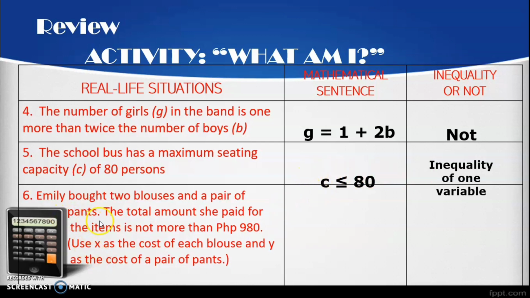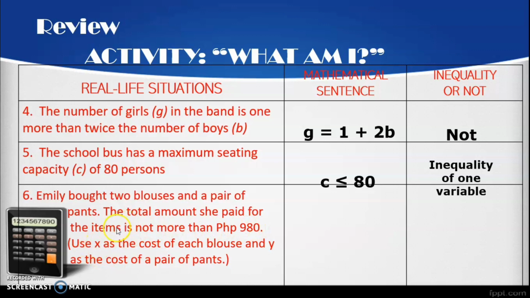Number 6: Emily bought 2 blouses and a pair of pants. The total amount she paid for the items is not more than 980 Philippine pesos. Use X as the cost of each blouse and Y as the cost of a pair of pants. The total amount Emily paid will not exceed 980.